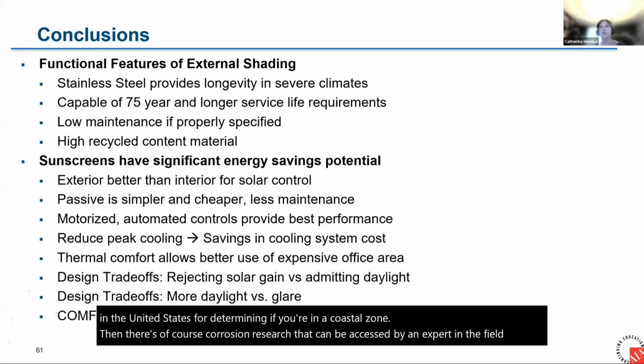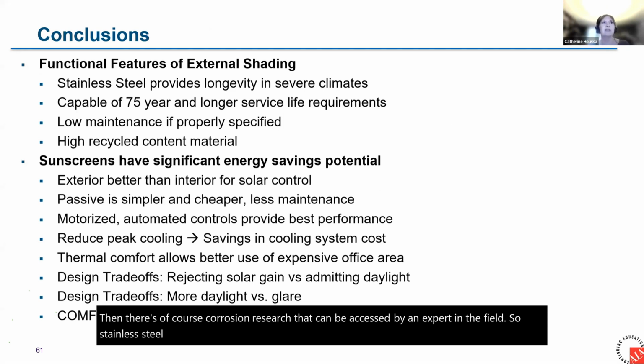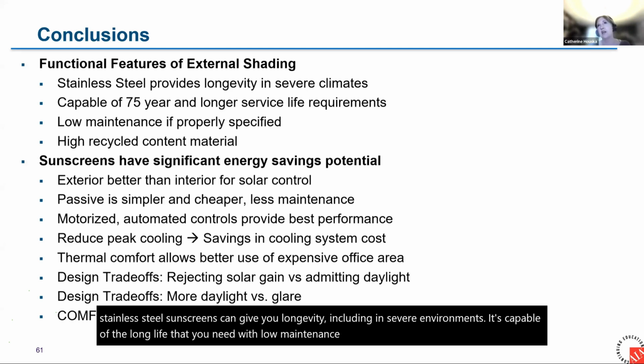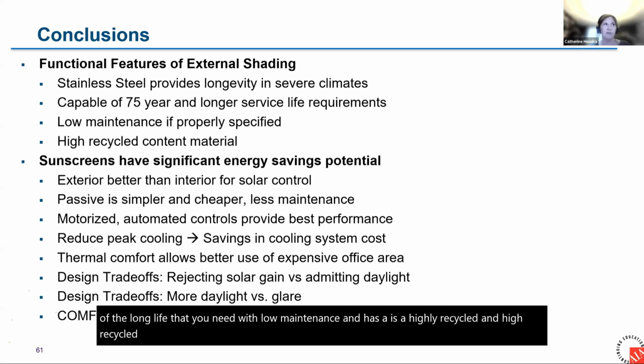So stainless steel sunscreens can give you longevity, including in severe environments. It's capable of the long life that you need with low maintenance and is a highly recycled and high recycled content material. Sunscreens as a whole can dramatically reduce energy use.